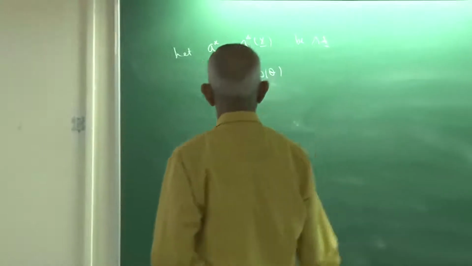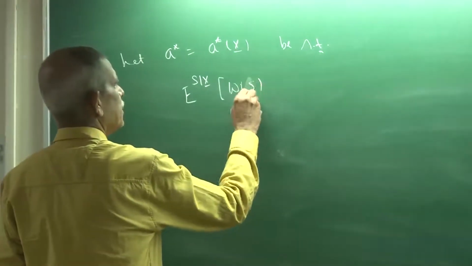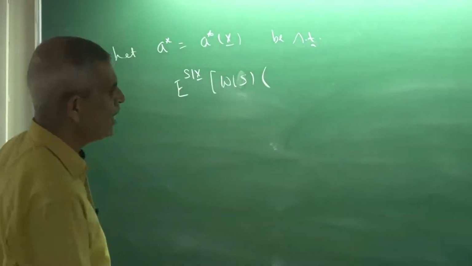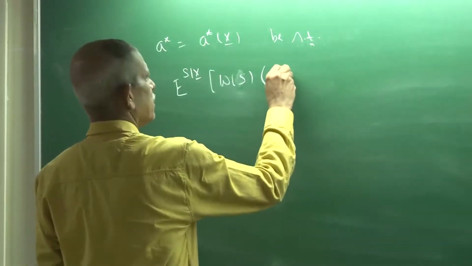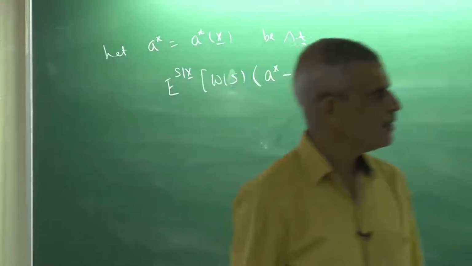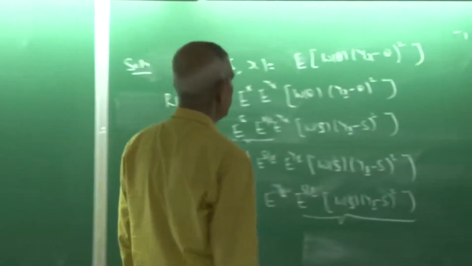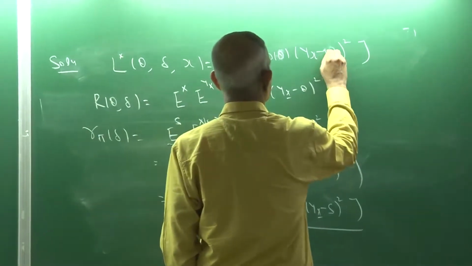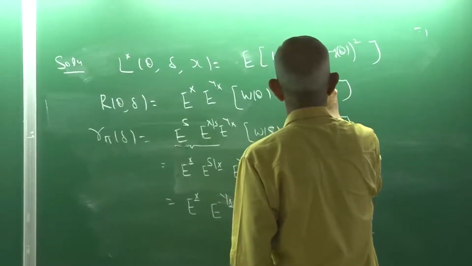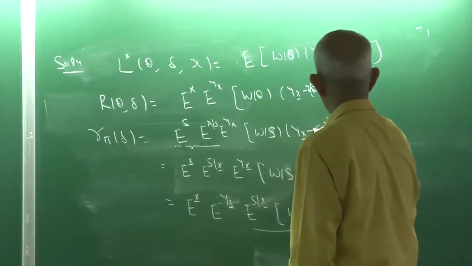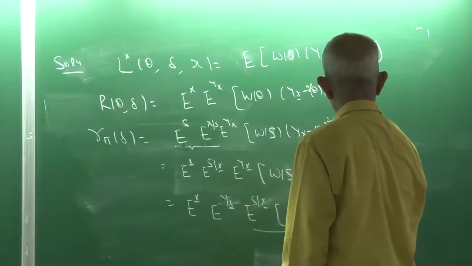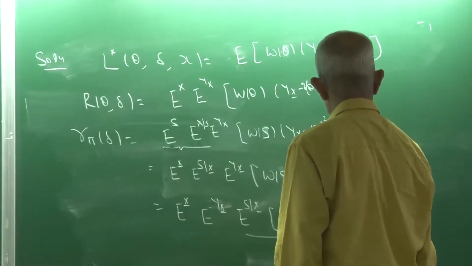So this is the same as ws into a star minus, actually you are estimating not theta, you are estimating g of theta. So it should be everywhere g of theta, right? So it would be g of s, because you are estimating g of theta, not g of s.